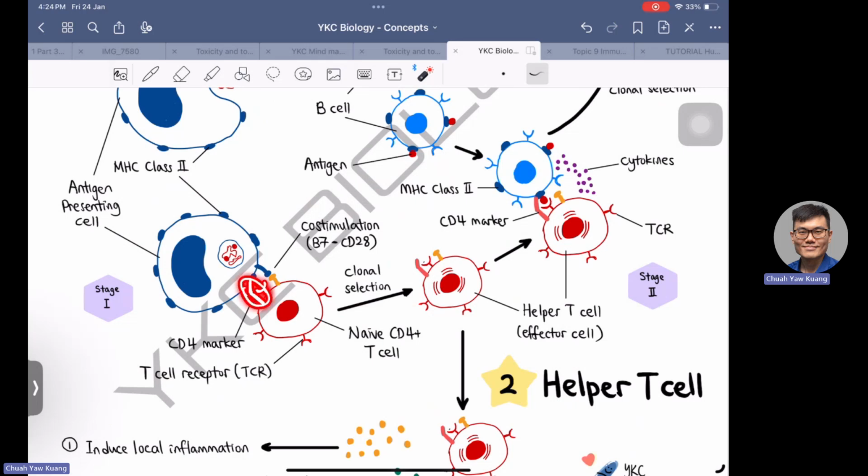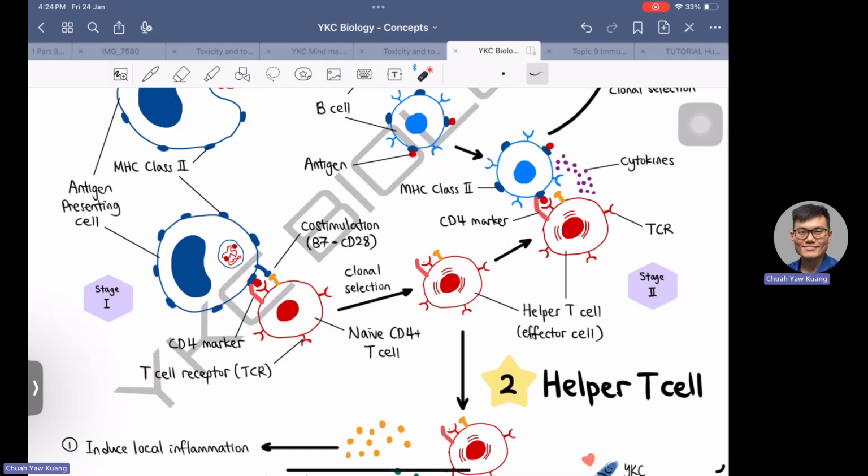With this confirmation, co-stimulation occurs. Co-stimulation normally occurs between molecules like B7 from the APC and CD28 of the naive CD4 T cell. With this co-stimulation, the naive CD4 T cell will be fully activated and undergo clonal selection.